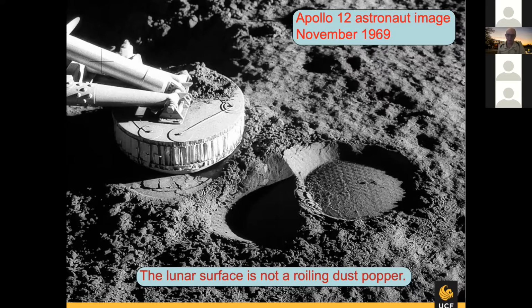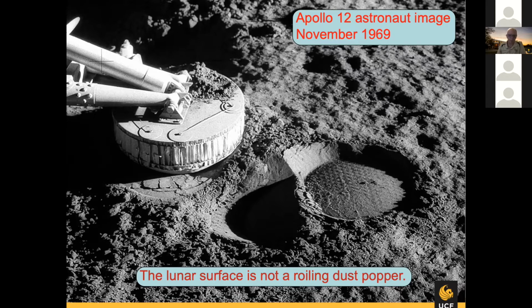And they did land near Surveyor 3, 100, 150 meters away. And the astronauts went over there and took this picture of that same mark that was left in the lunar surface. Better camera than was on the Surveyor. But you can see that we still see that same textured pattern, subtle pattern in the lunar dust.